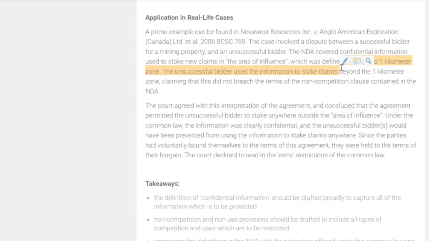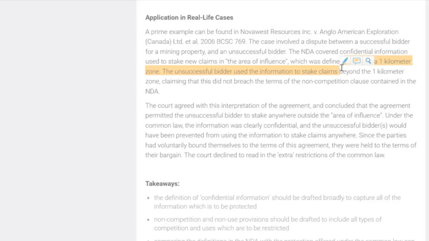Interestingly, the court found in favor of the recipient of the information to say that that information was only protected within the area of influence, within the 1 kilometer zone. Now, common law would have provided that information that's confidential is confidential, and it wouldn't matter whether it was within the 1 kilometer zone or outside of the 1 kilometer zone.